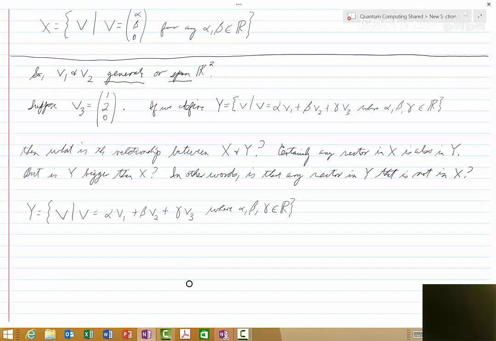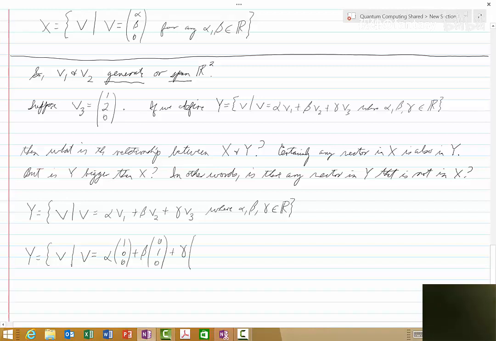Now, let's go ahead and substitute here. This is alpha times (1, 0, 0) plus beta times (0, 1, 0) plus gamma times (1, 2, 0), where alpha, beta, and gamma are any real numbers.